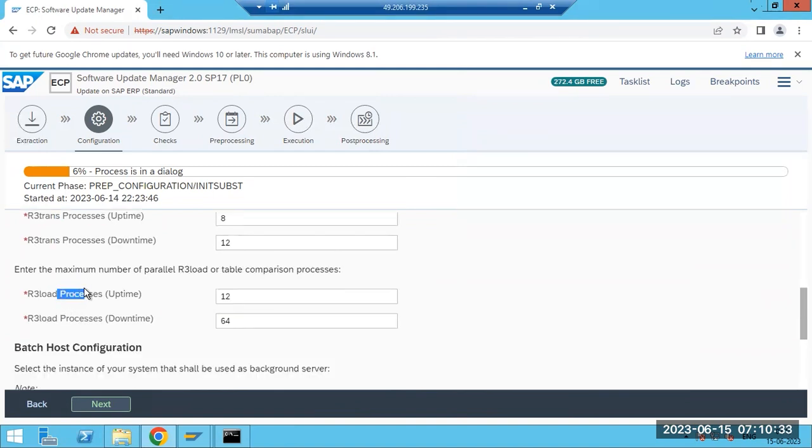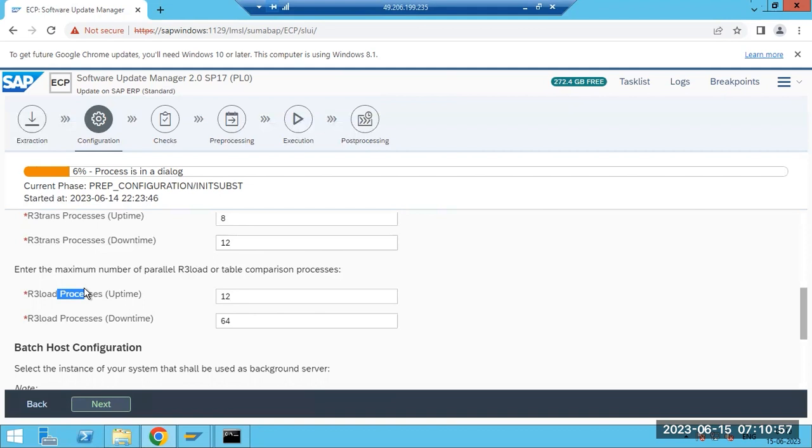there is a SAP thumb rule to calculate it here. For R3 trans and R3 load processes, the thumb rule is 3 times the number of CPUs or 5 times the number of CPUs.